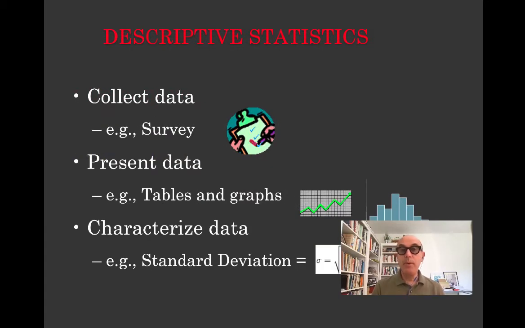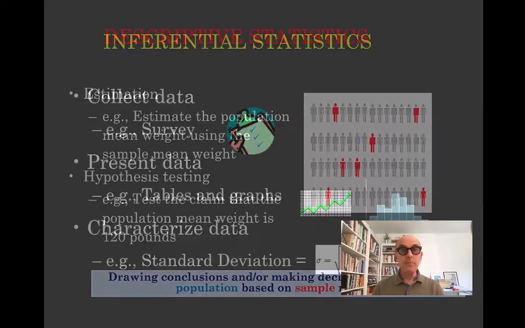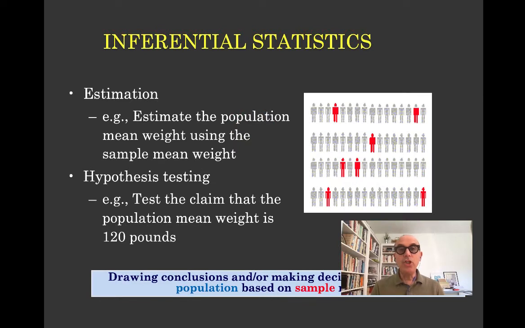So descriptive is about collecting the data, for example surveys, and presenting the data in tables and graphs, and trying to come up with some understanding of the data using, for example, standard deviation. In inferential statistics, the terminology is to estimate the population mean, which will help us to generate a hypothesis that we will test.